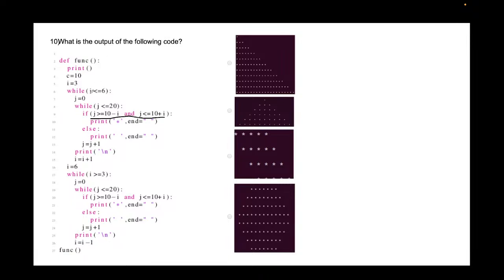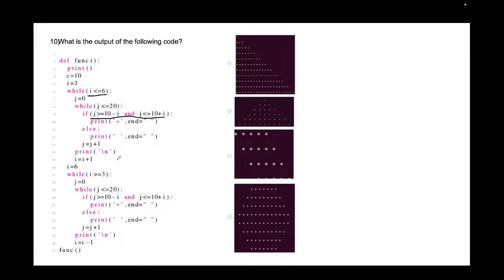So this I just specifies the bounds of j, because only if j lies in this greater than or equal to interval will it print a star, else it will leave a blank.